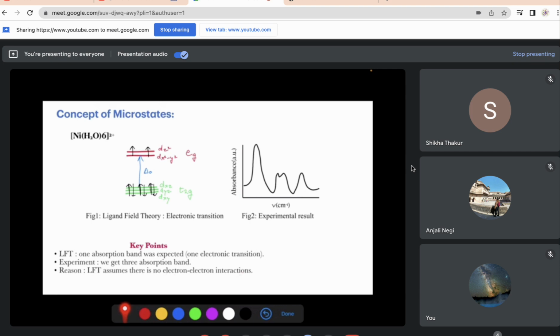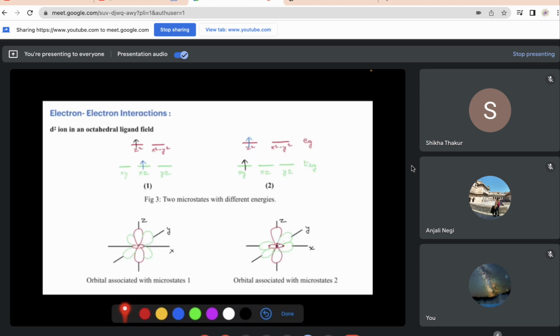However, this cannot be possible, as the electrons in d orbitals have repulsive interaction, and hence it affects the overall energy. So what happens when the electrons interact? Let's take one simple example of a D2 ion in an octahedral ligand field.